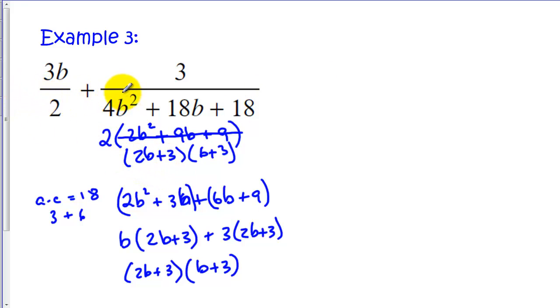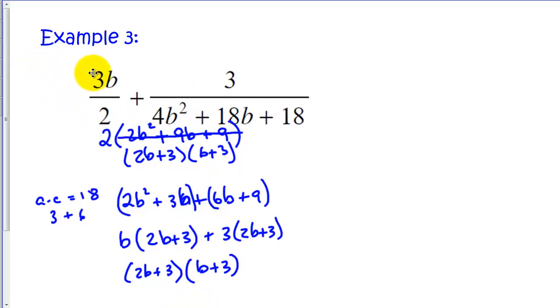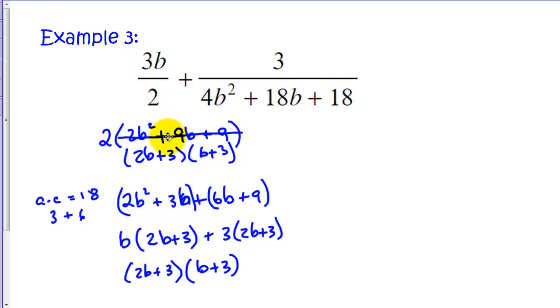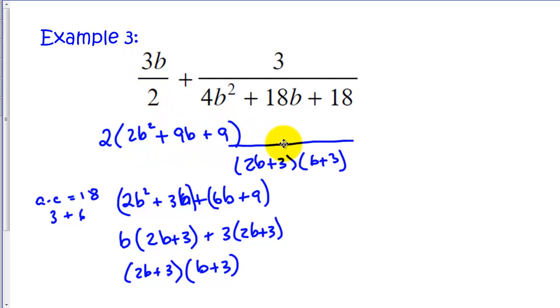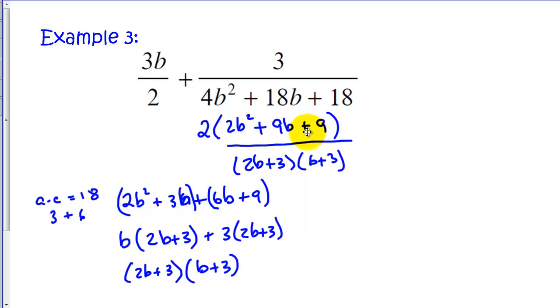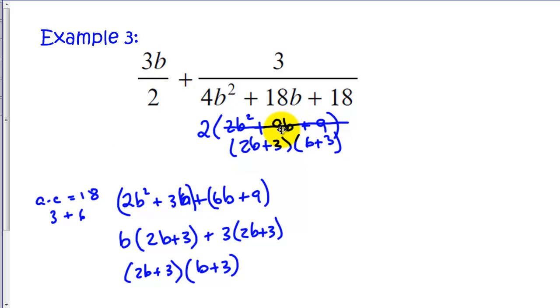I should have left myself some room. Let's see if we can slide all that over here to give ourselves some room. So again, I'm going to multiply my top and bottom here by our missing factors.